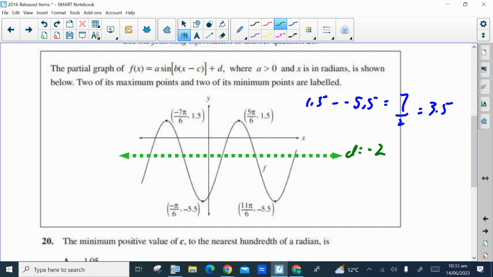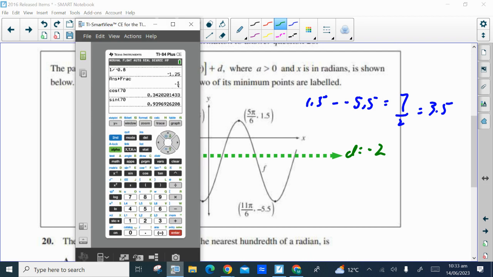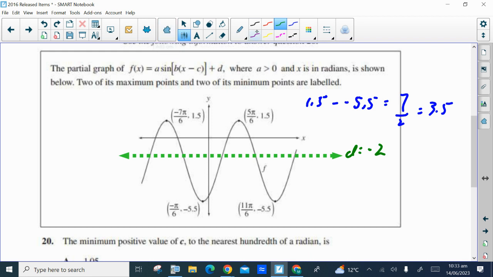Okay, I think that's right. Let me just check that. Negative 5.5 plus 3.5. Yeah, negative 2. So we need to basically find out where that point right there is. So let's next find the period. The period goes from negative 7 pi on 6 to 5 pi on 6.